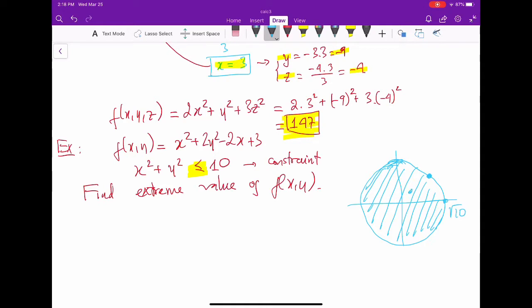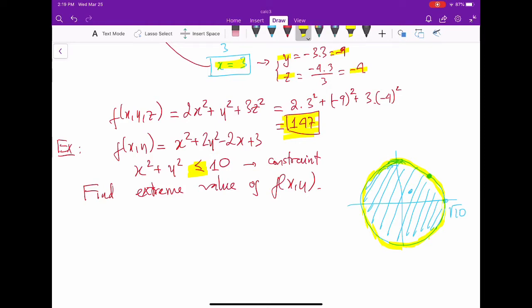So how do we deal with that? The method of Lagrange multipliers helps us find the maximum or minimum on the border. Is it correct? On the border. Which is good.